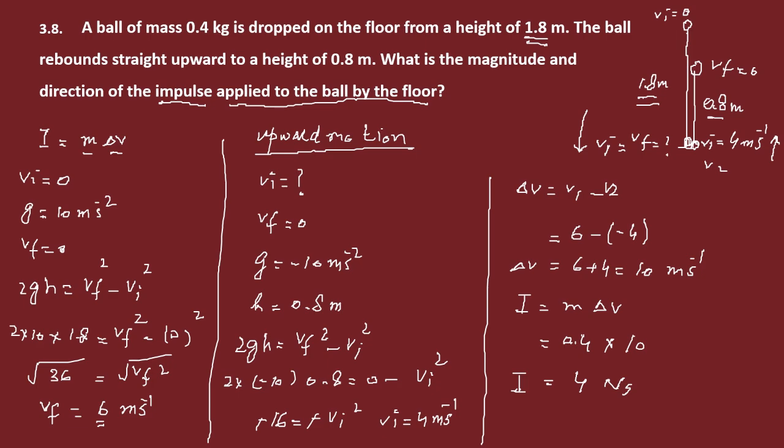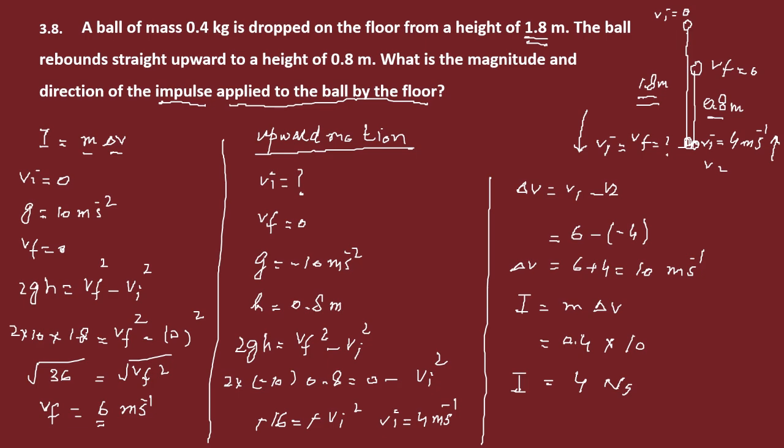I repeat it again. After reading the statement, we know that we have to calculate the impulse, and the formula for impulse is mass times the change in velocity. So first of all, we will find the change in velocity, delta V. For this, we must know the speed with which it strikes the ground. Initially it was 0, and the speed with which it strikes the ground is Vf.